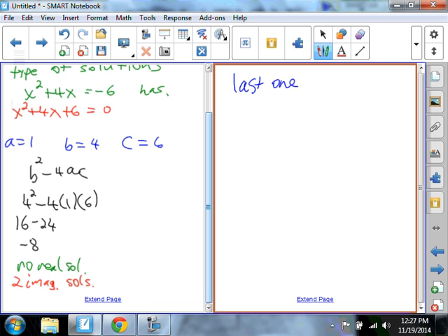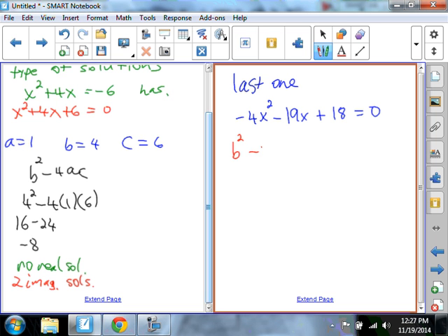What if we had -4x squared minus 19x plus 18? This is going to be good review for the perfect squares too. So let's see, what's the formula?